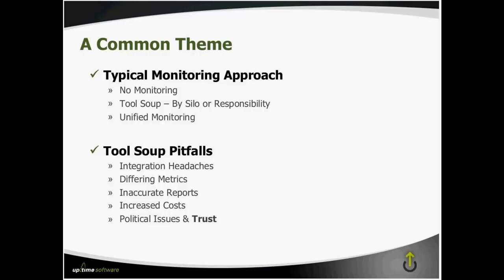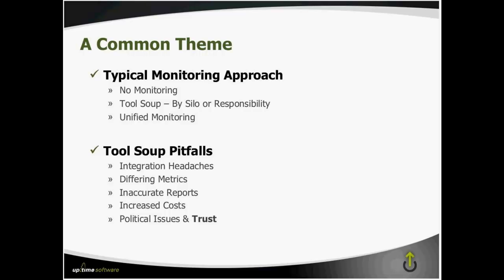We also have troubles around inaccurate reports. I talked to a number of VPs of IT or directors who really have a top-down view on their entire data center and their entire IT service, and they suffer from one major problem: they can't get a single report that will give them a version of the truth about the status of their data center.